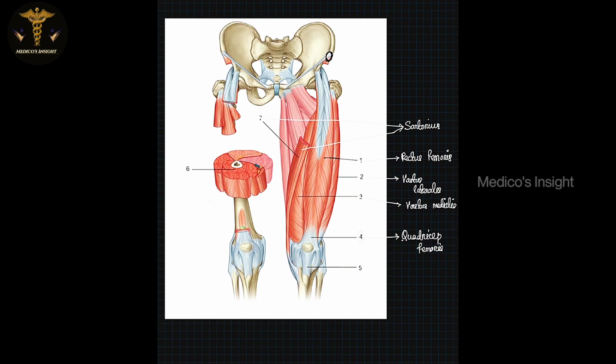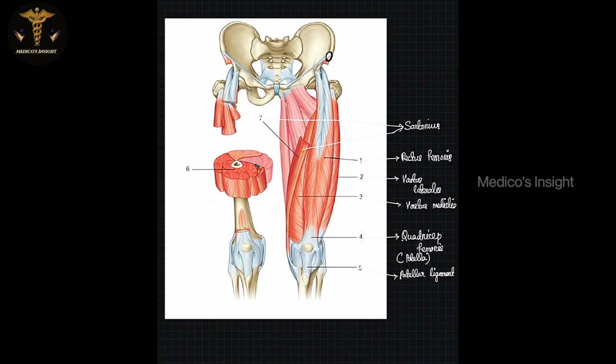The quadriceps femoris tendon is attached to the patella, and this one is known as the patellar ligament, which is attached to the tibial tuberosity.